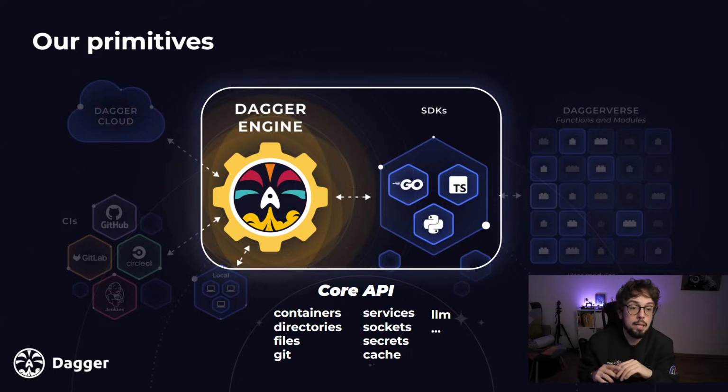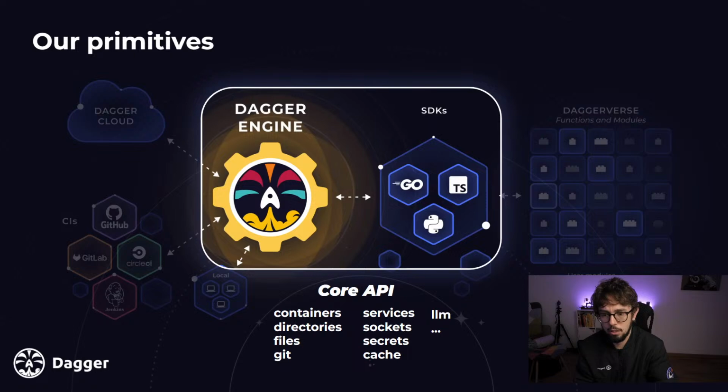So the only requirement that you have is a Docker engine or something like that, so Podman or whatever. And then you can spawn an instance of the Dagger engine. The Dagger engine is responsible for exposing a set of core APIs to do different things. You can see here some examples.